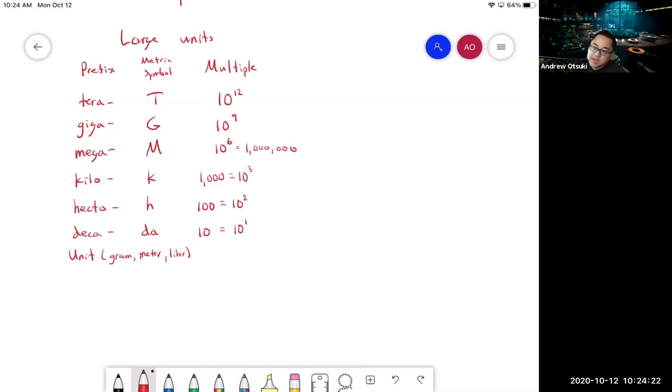For example, decameter, hectoliter. No one says hectoliter though. Kiloliters, rarely, because in chemistry we usually don't work with those types of volumes or units in general because it's huge. Unless you work in industry, you won't be working on industrial scale.